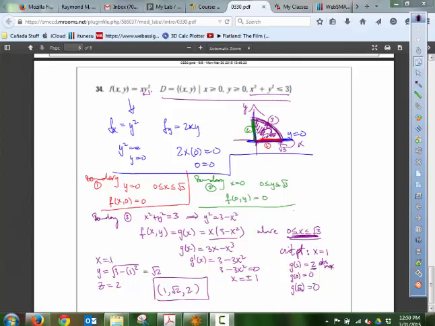So one of the problems that we did last time was a problem where we had to try to find the absolute maximum and minimum over some closed region.